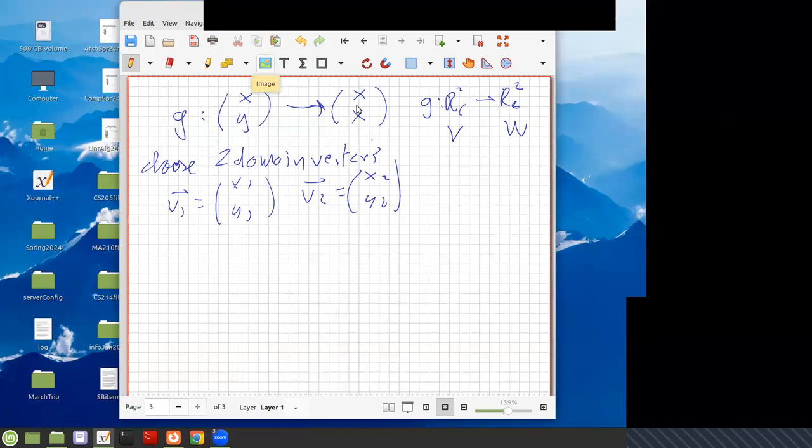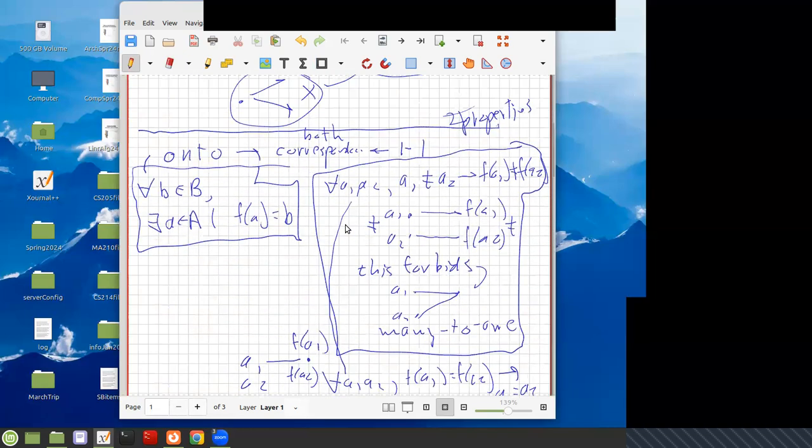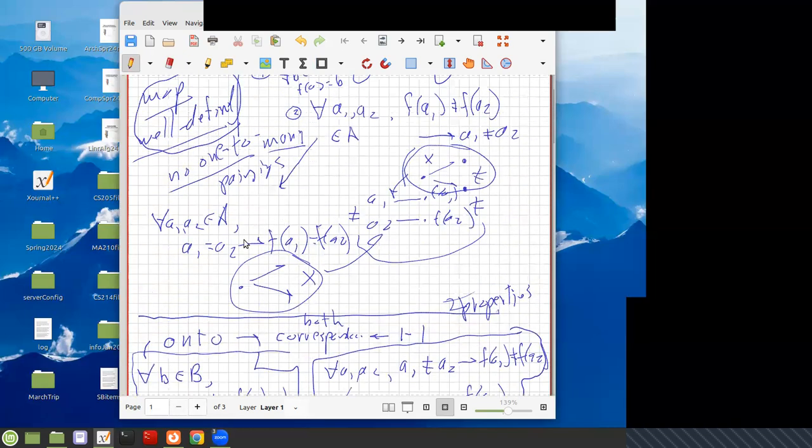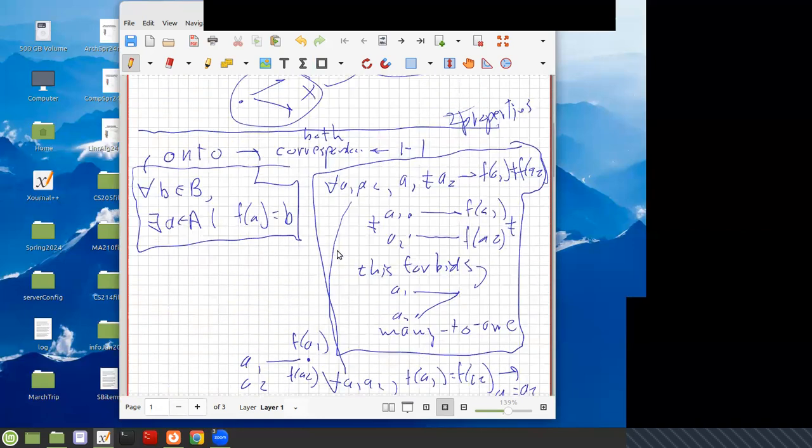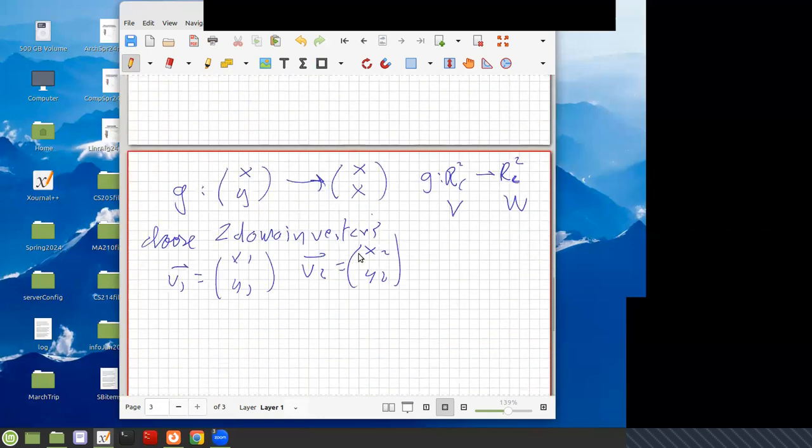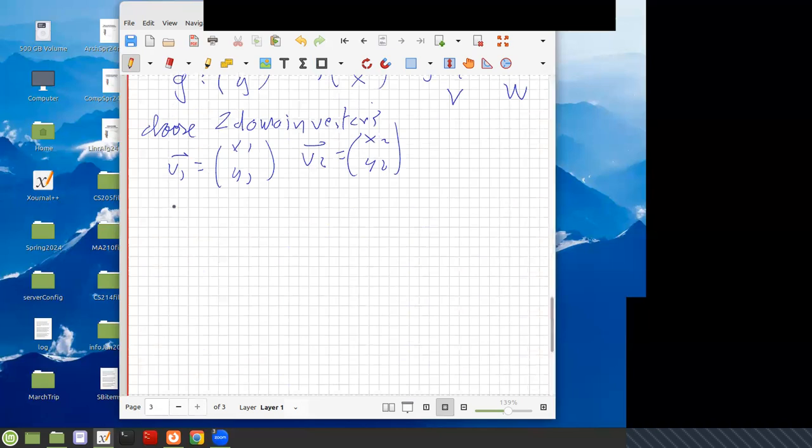For the well-definedness condition, if these two domain vectors are the same, then their images are the same. So we want to show that if V1 equals V2, then G of V1 equals G of V2.